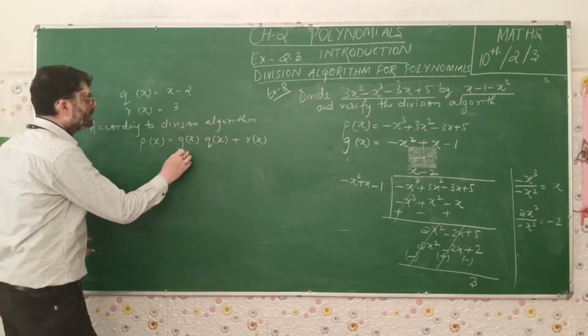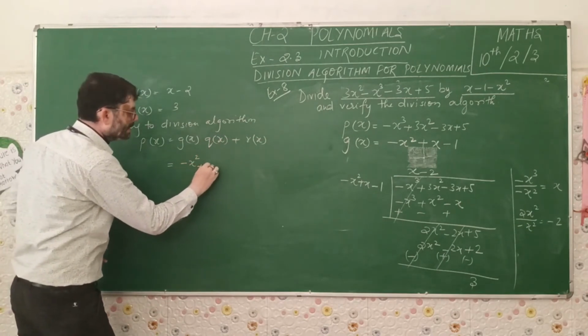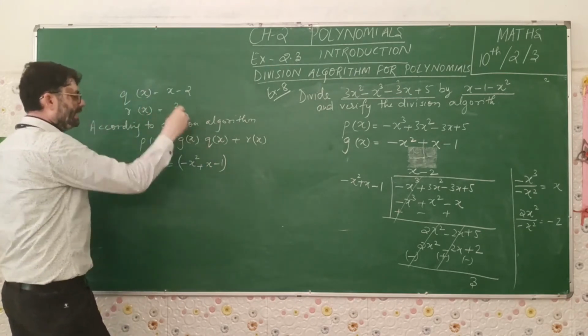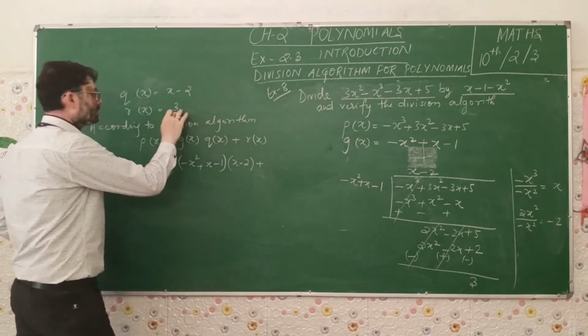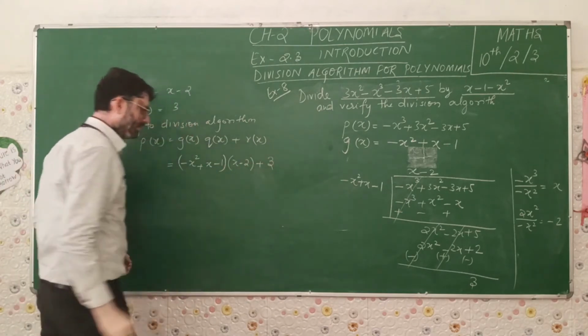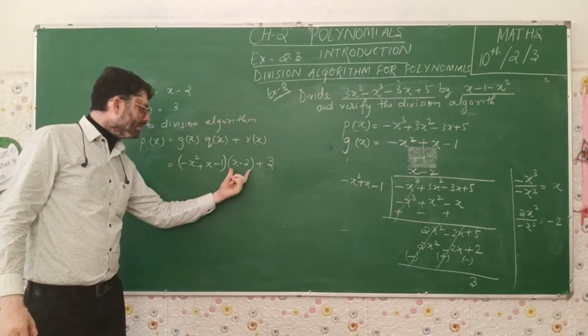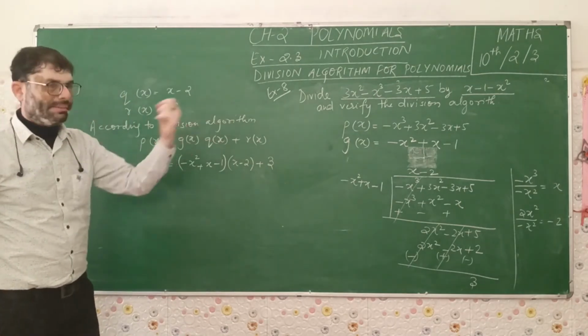So the value of g(x) was minus x squared plus x minus 1. q(x) we have got as x minus 2, and r(x) also we have as 3. Now we will have to solve this part. We have to multiply g(x) with q(x). We will have to add r(x) in order to get the value of p(x).